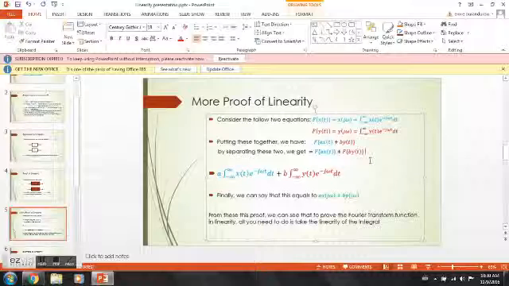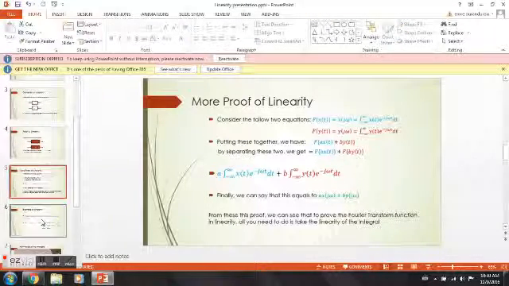Finally, we say that this equals aX(jω) plus bY(jω). From this proof, we can see that to prove the linearity of the Fourier transform, all we need to do is use the linearity of the integral, which I will show in a later slide.